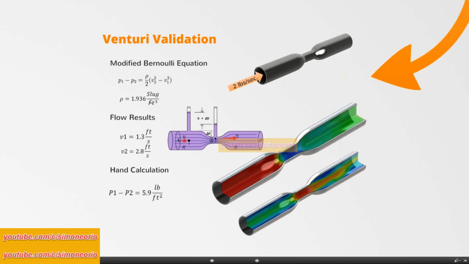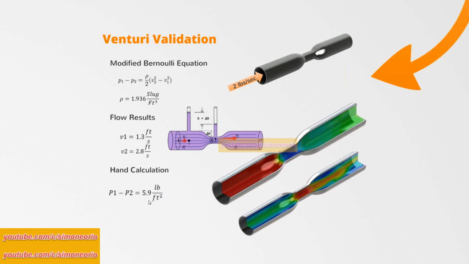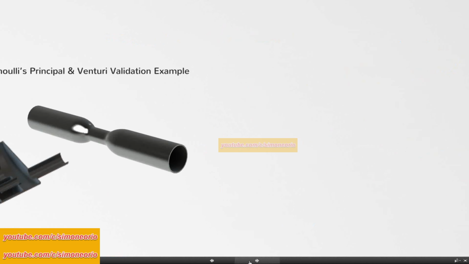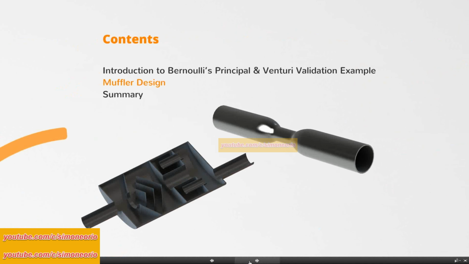When we do this as a hand calculation, we're getting 5.9 pounds per foot squared. So we just verified the pressure difference by hand with this modified Bernoulli equation, again, right out of a textbook, right inside of Flow. So we gained a good validation for this principle. We want to then apply this to a muffler design. We want to see the difference between two different mufflers.